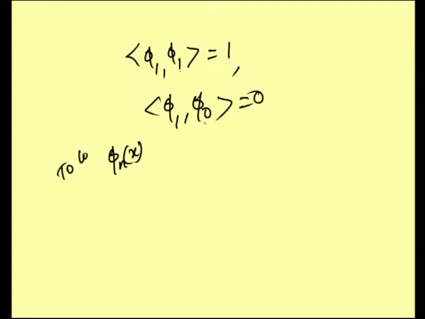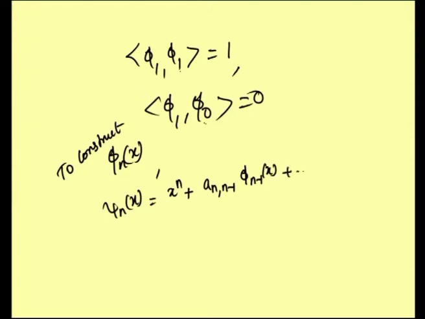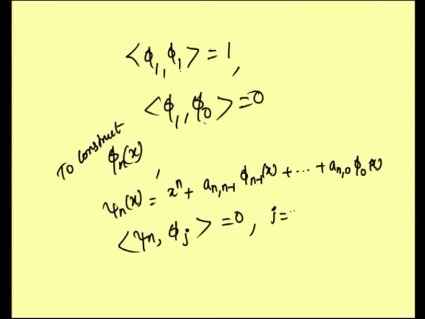Okay, to construct it in general, to construct phi n of x, define psi n of x equal to x power n plus a n comma n minus 1 into phi n minus 1 of x plus etcetera plus a n comma 0 phi naught of x. Okay. And observe that the constants make psi n orthogonal to phi j for j equal to 0, 1, 2, etc. up to n minus 1.